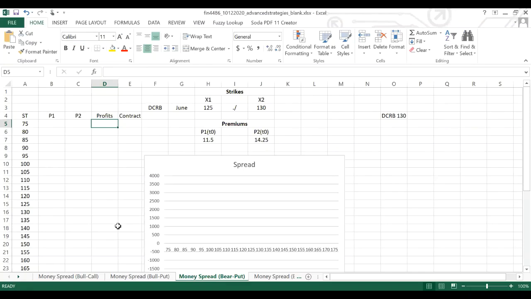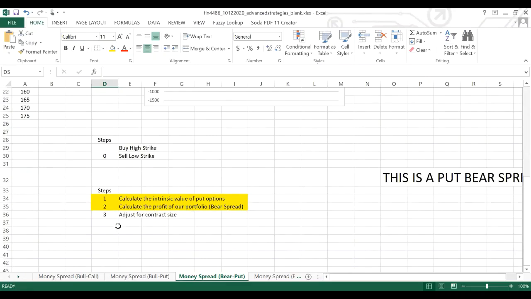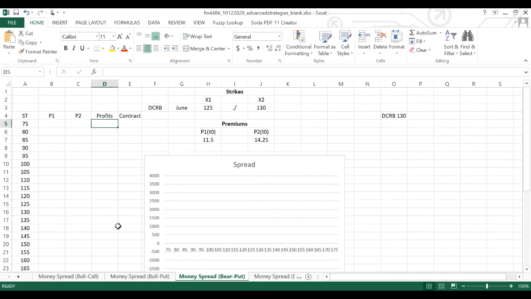So the steps, and we have them down here, are the same that we have followed before. Number 1, get the intrinsic values. Number 2, get the profits. Number 3, adjust for contract size. So let's get the intrinsic values. Let's keep in mind now we're working with put options and this is a bear spread, right?